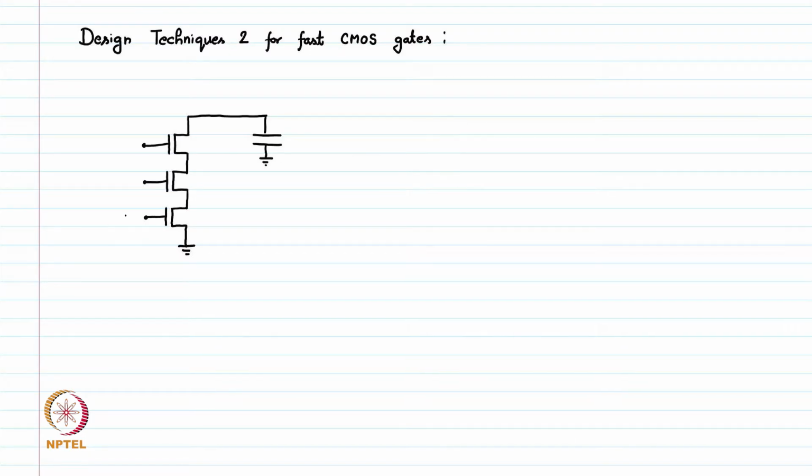Now we have, let's say, 3 inputs here. This is input 1, this is input 2, this is input 3. Let's call these transistors M1, M2, M3.